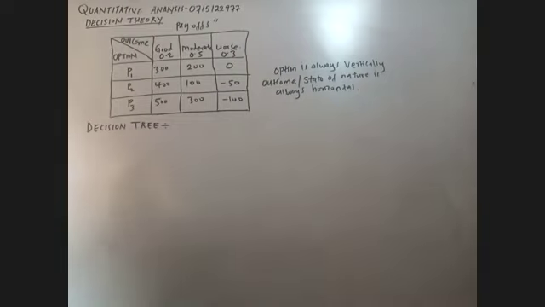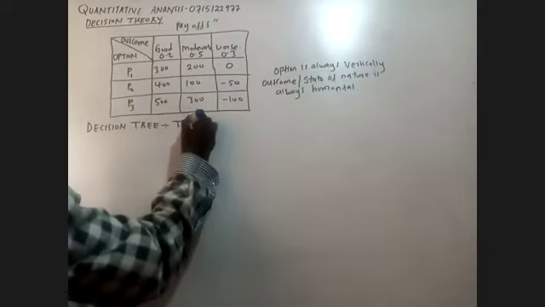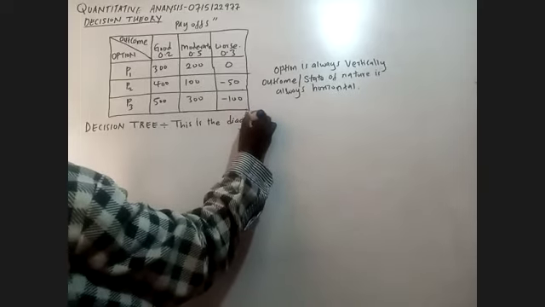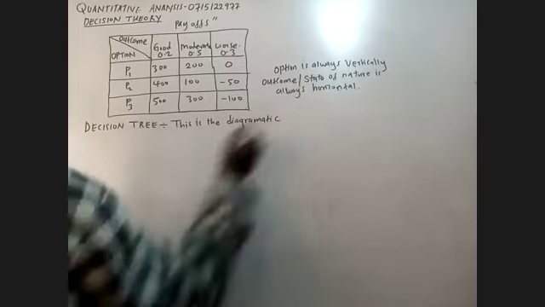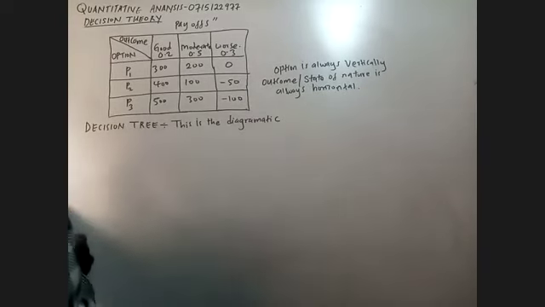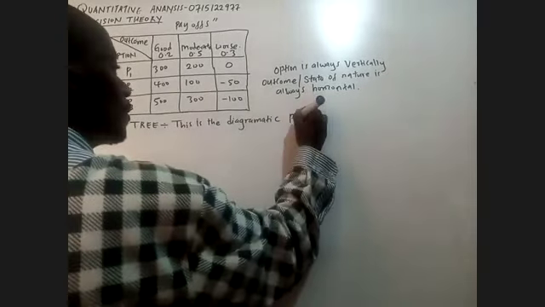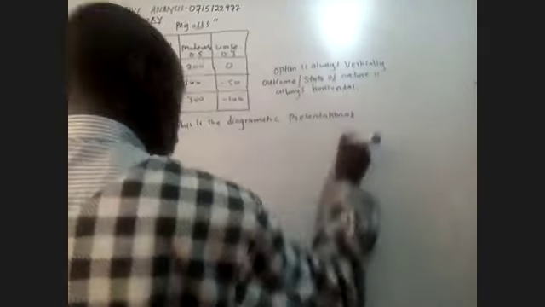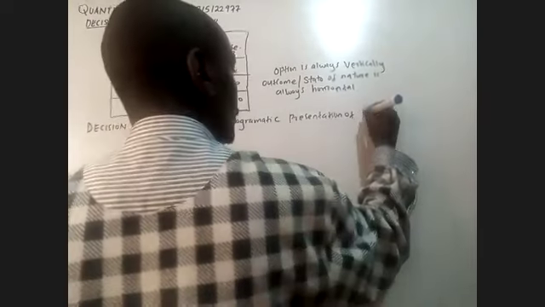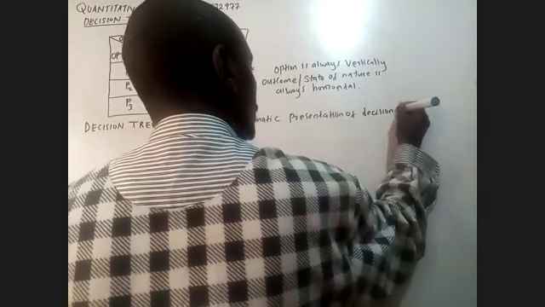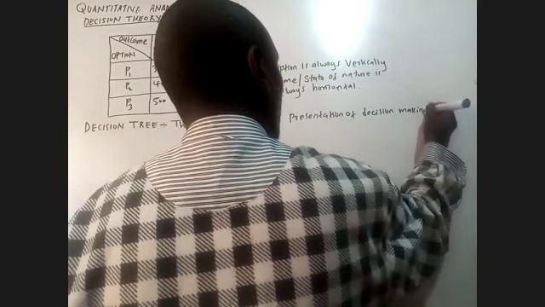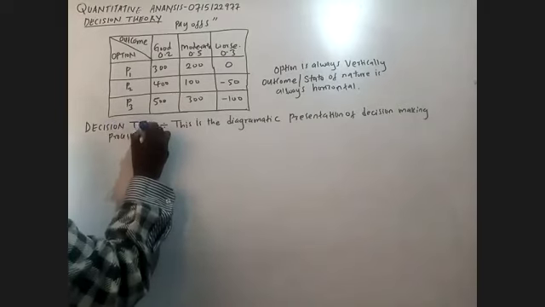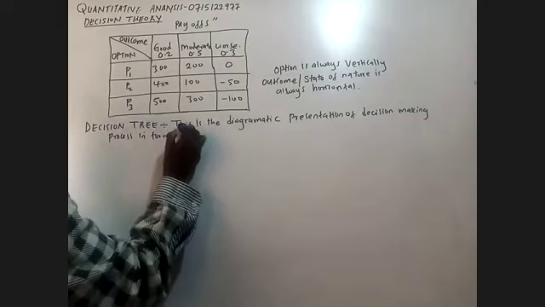A decision tree is the diagrammatic presentation of the decision making process in the form of a tree.